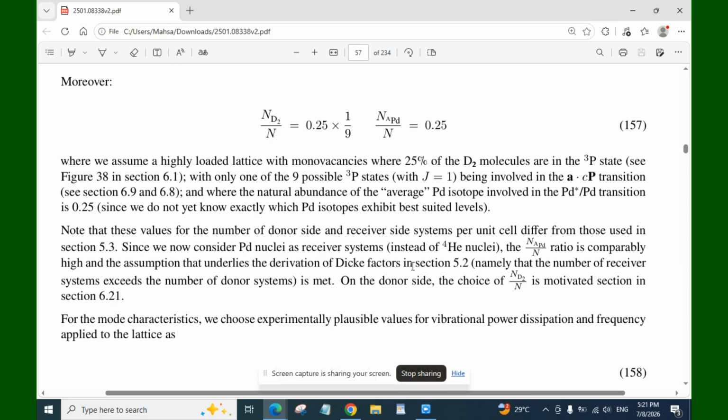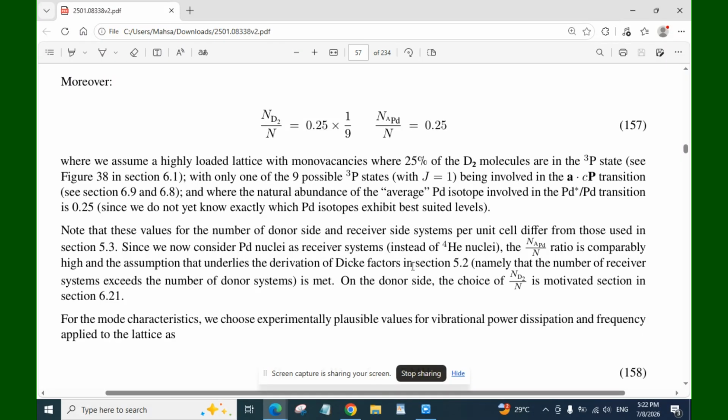See figure 23.8 in section 6.1, with only one of the 9 possible P3 states, with J is equal to 1, being involved in the RCP transition sections 6.9 and 6.8, and where the natural abundance of the average palladium isotope involved in the palladium isopalladium transition is 0.25.